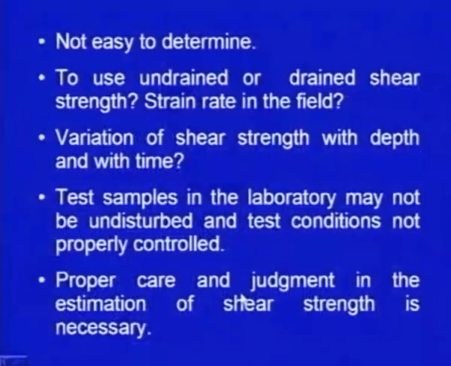The samples may not be undisturbed samples, and those conditions which we are trying to simulate in the field are not properly simulated. Test conditions may not be properly controlled. So, there will be lot of variation in the shear strength parameters. So, finally, this is the statement which I am giving, that proper care and also lot of judgment comes into picture. Your experience will also come into picture in estimation of these shear strength parameters.